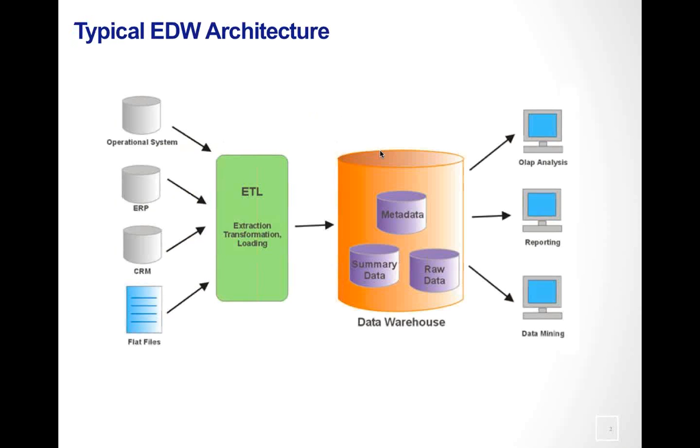As you can see in the slide, this is a typical EDW architecture. A data warehouse is a concept of data being extracted from heterogeneous operational systems and made available as historical snapshots for ad hoc queries or for scheduled reporting.